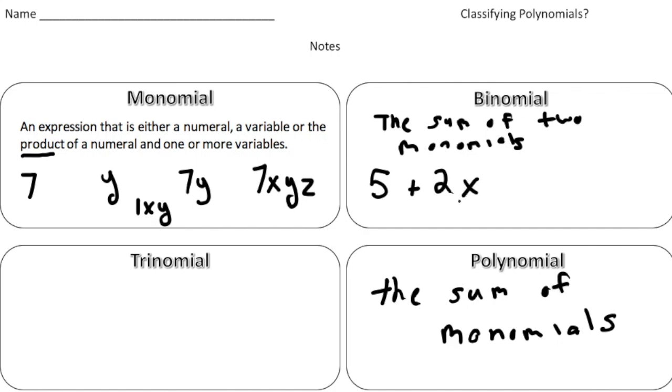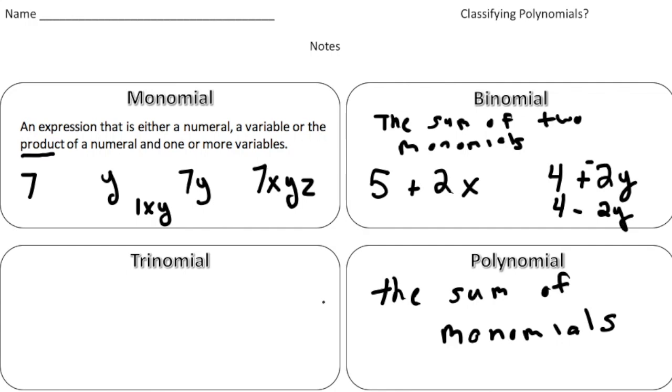But say we wanted to have a subtraction sign, like 4 minus 2y. You can leave that the way it is because we could write that as a plus a negative. It's totally fine to just leave it with the subtraction sign. So even though it says the word sum, you can still have subtraction signs.